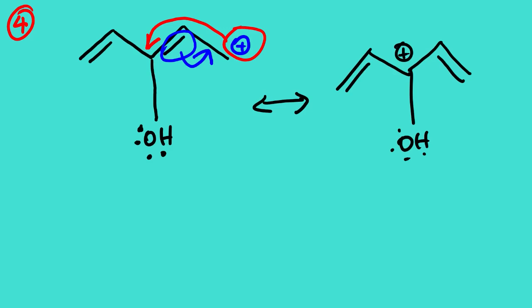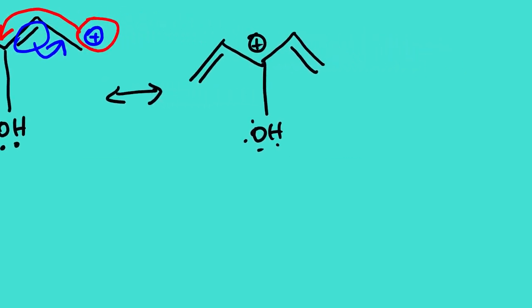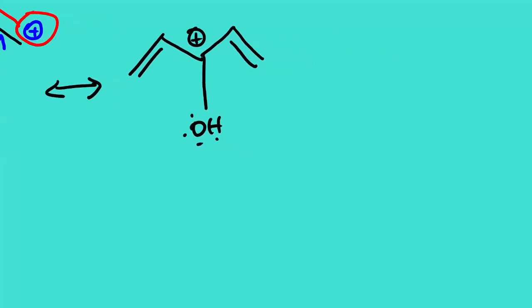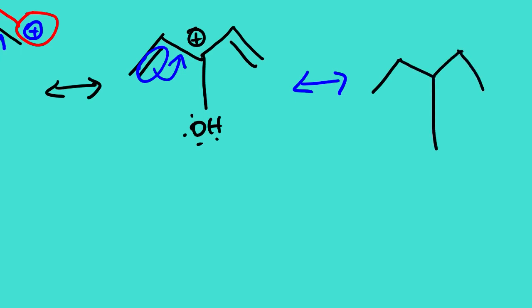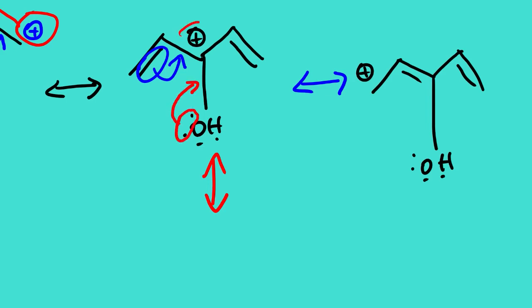Then from here we can generate another resonance structure by taking this pi bond and bring it here, then we're going to have something like this. From here again, we can do something. We can actually take this lone pairs and bring it here, and this positive charge will come here.